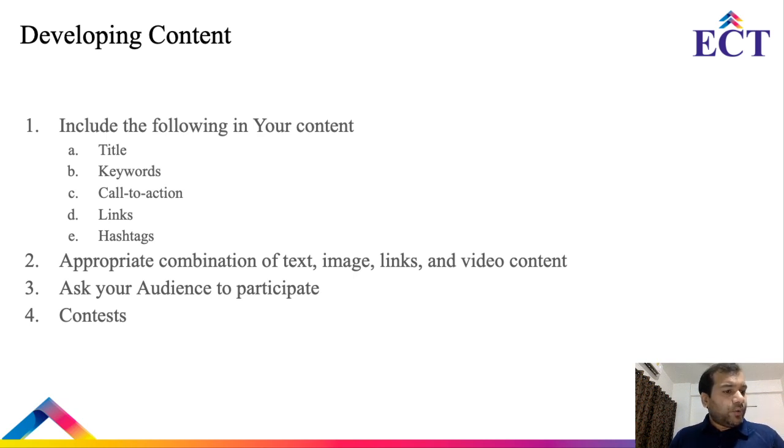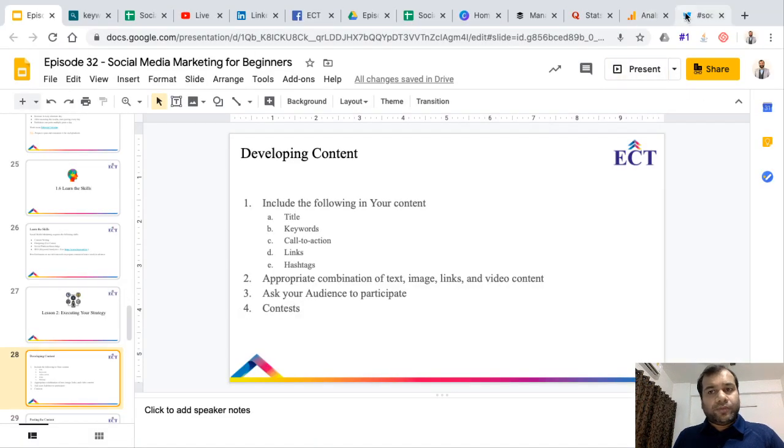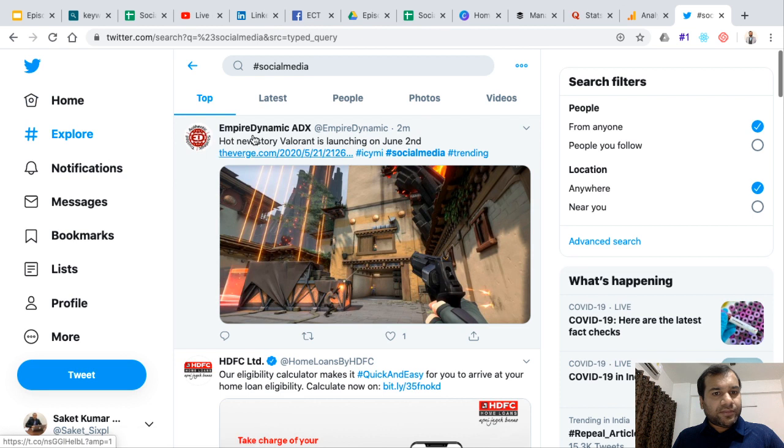Anil sir is saying, how do you decide when and where to insert a hashtag in the post? Hashtags are always placed at the end of the post. So for example, if you write, hot news story is launching on June 2nd, once everything ends, then you use these hashtags. You should always use hashtags except on Facebook, because Facebook does not use hashtags to rank their content.